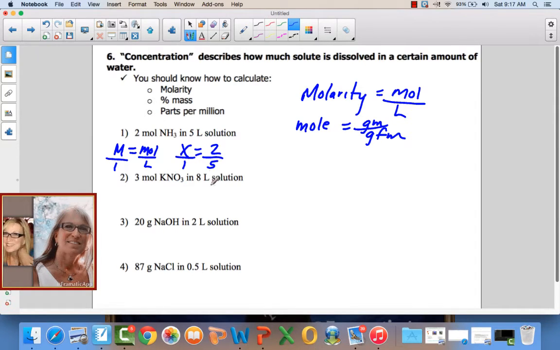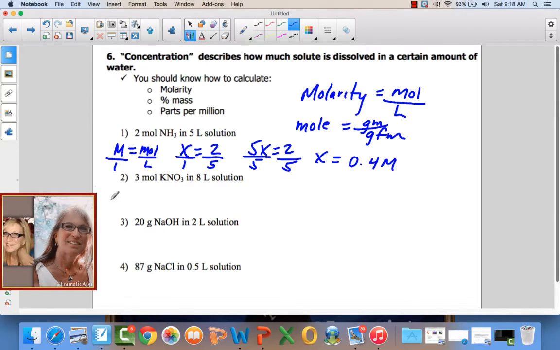So you basically have 5x equals 2, and then you divide both sides by 5, and you get your molarity of 0.4.